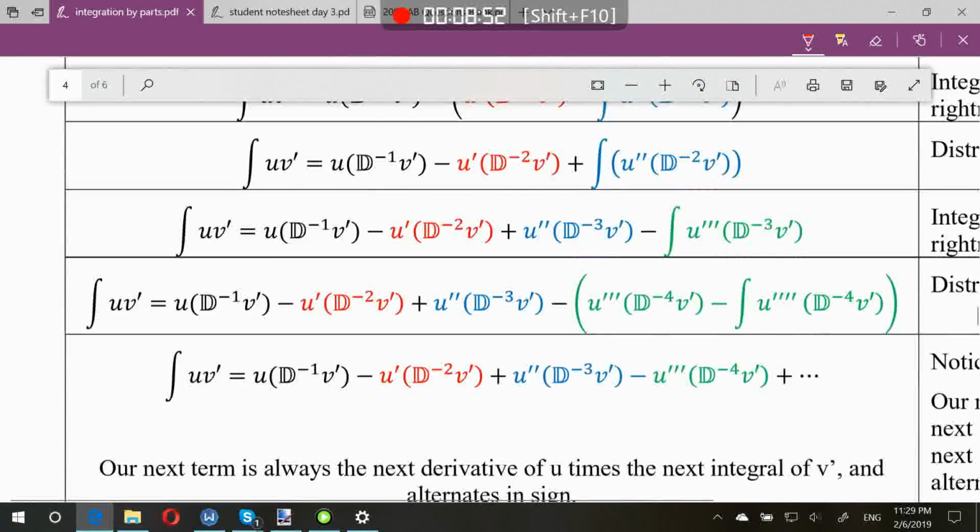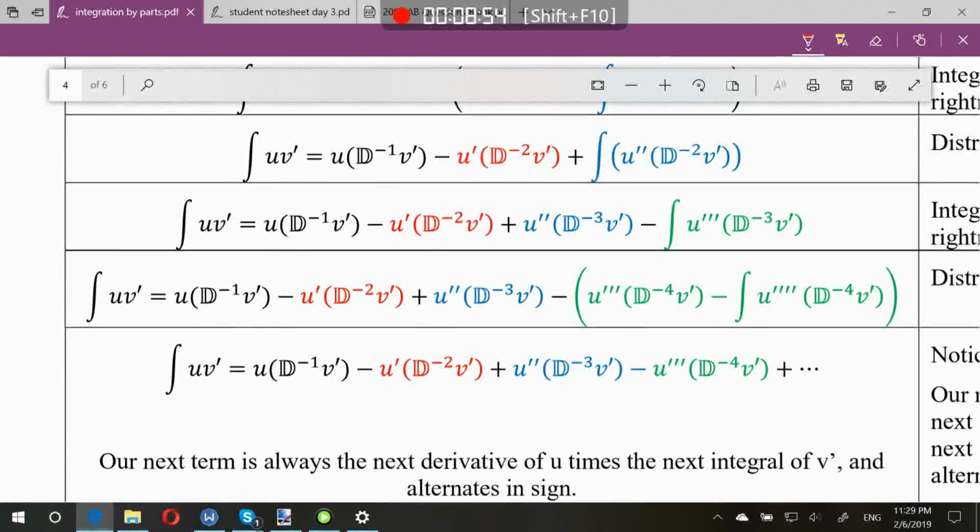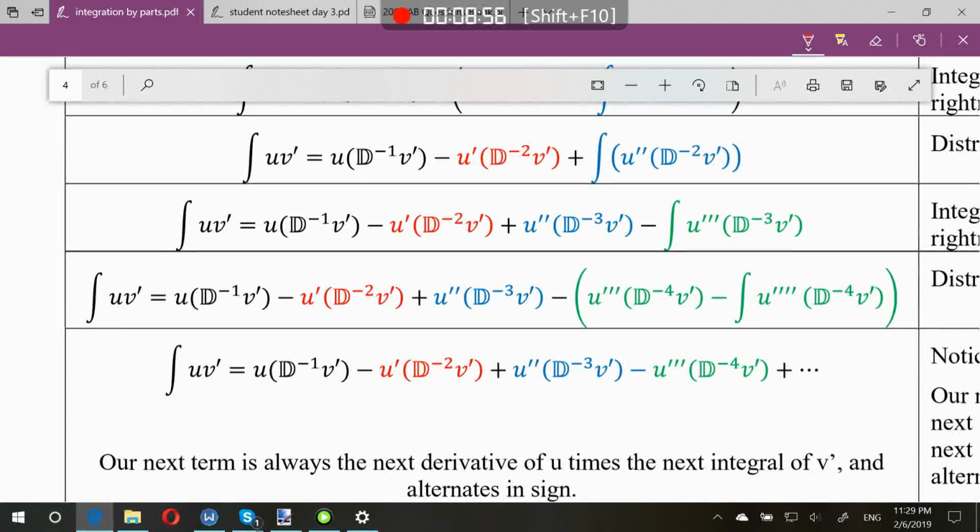And that pattern actually continues forever. So if you integrate uv prime, you'll end up with u times the first integral minus u prime times the second integral plus the second derivative times the third integral minus the third derivative times the fourth integral plus the fourth derivative times the fifth integral. It's going to keep going on and on and on.